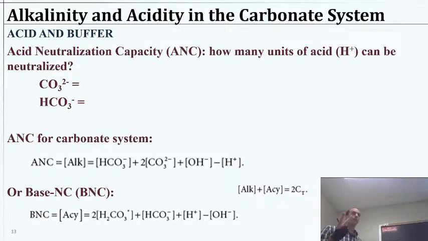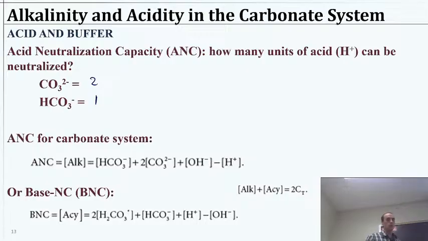Yeah. Exactly. It is 2. And therefore, HCO3 minus should be able to consume or take care of 1. Right. So that's why in our equation we have the 2 out in front of the CO3 2 minus. This is coming back to our proton balance type of approach that we talked about. And it shows up there for that reason.